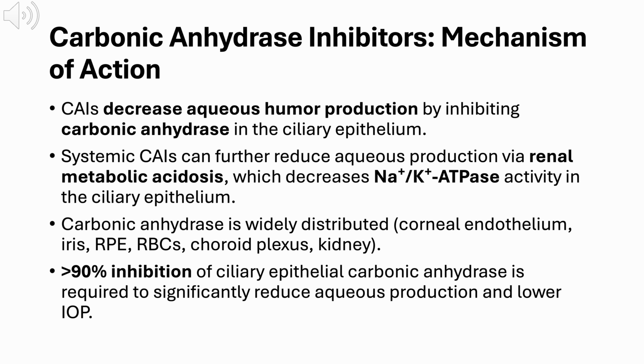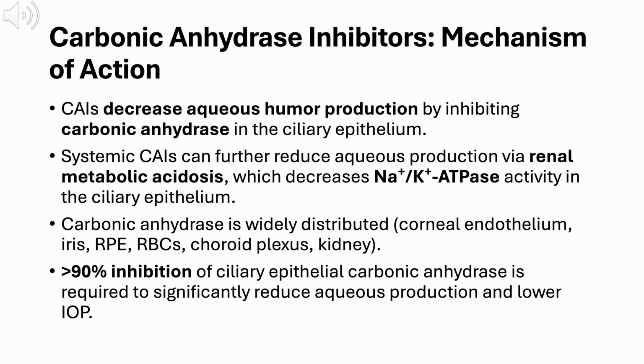Systemic CAIs extend this effect through renal metabolic acidosis, which dampens sodium-potassium ATPase activity in the ciliary body. Because carbonic anhydrase is present in many tissues, like the corneal endothelium, iris, retinal pigment epithelium, red blood cells, choroid plexus, and kidneys, the action isn't limited just to the eye.